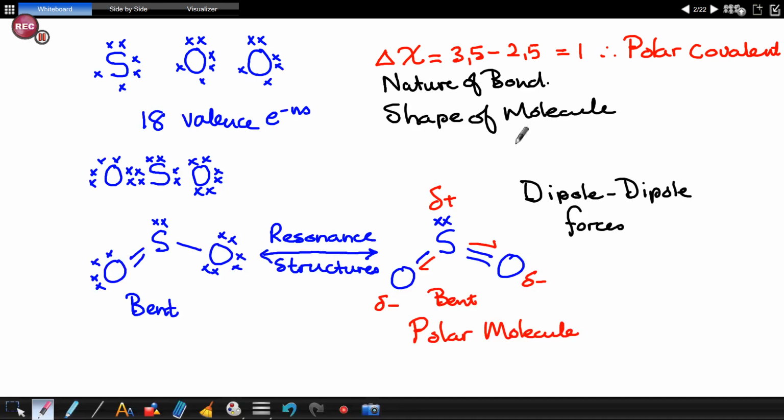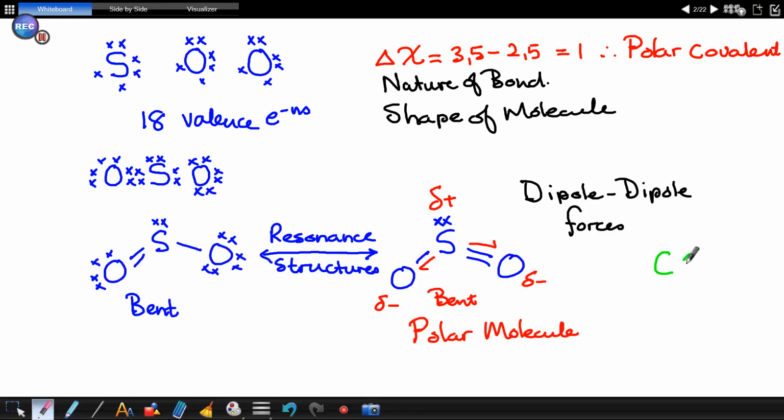Okay? Like carbon dioxide. That's linear. Sulfur dioxide and carbon dioxide look like they should be the same type of molecule. But carbon only has 4 valence electrons, whereas sulfur has 6.